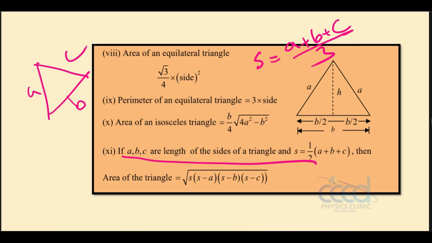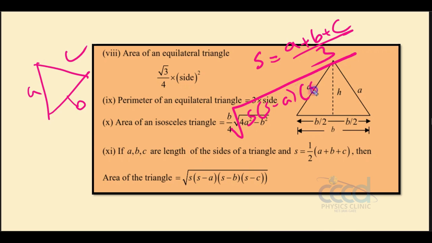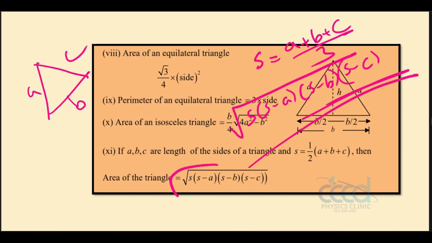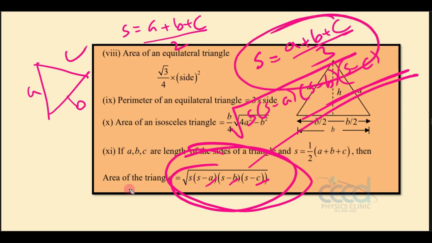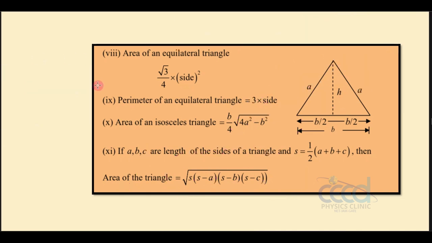Then the area of the triangle you can write as root of S into S minus A into S minus B into S minus C. This is another formula for the area of the triangle, where A, B, C are the sides. First find S equal to A plus B plus C by 2, then put it in this formula. We know the lengths A, B, C, the three sides, and S we already found using this equation.